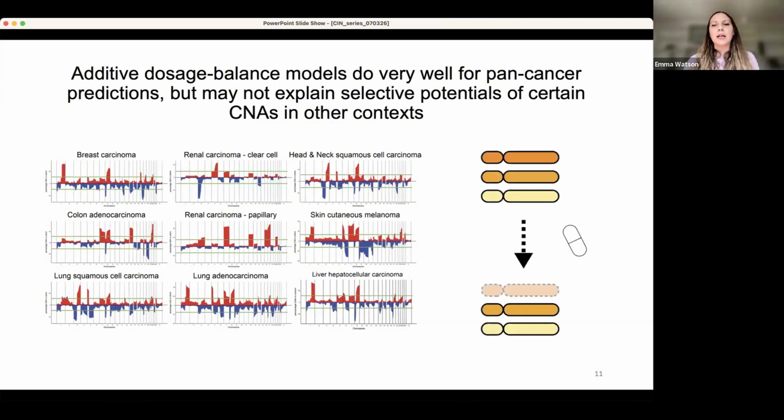And then additionally, we're starting to see, as I'm going to tell you a lot about in a minute, that aneuploidies can have very, very specific phenotypes when, for instance, challenged with drugs. And this, again, isn't very well predicted by single gene independent additive models.